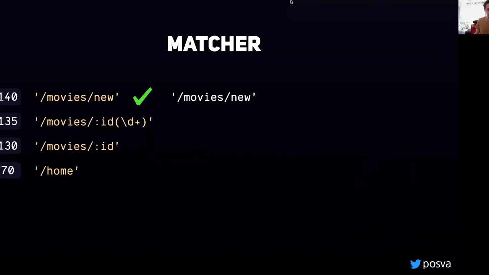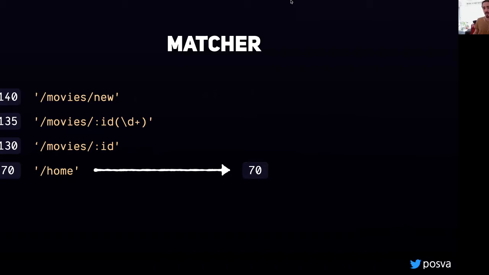Now, the way this works is by taking every single section of the path, so everything that is in between the slashes, and we assign a score. So for example, home, because it's only a string home, it can only match home, it has a score of 70. Then on the other hand, movies/new, because it has 2 segments, because it has 2 slashes, it's 70 plus 70.